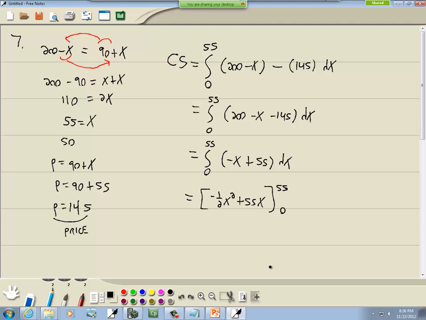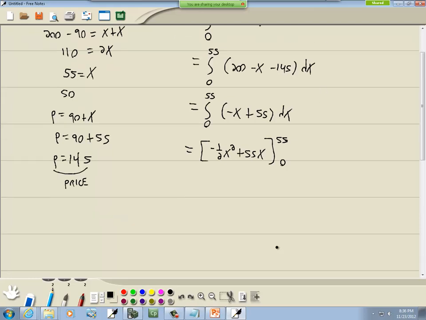Now, note if I plug in 0, it just drops away. I'm going to put it there just so I'm not being lazy, but you don't have to when you're working problems. So we got negative 1/2 55 squared plus 55 times 55 minus negative 1/2 times 0 squared plus 55 times 0.